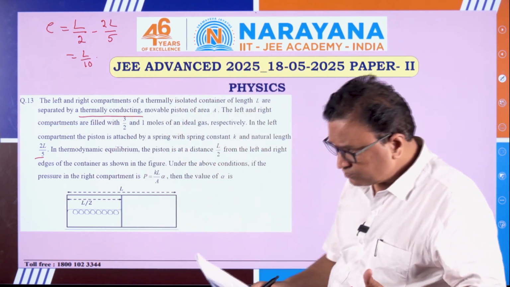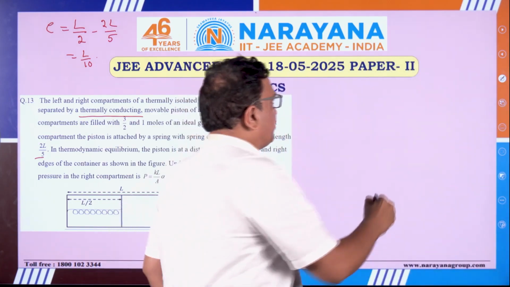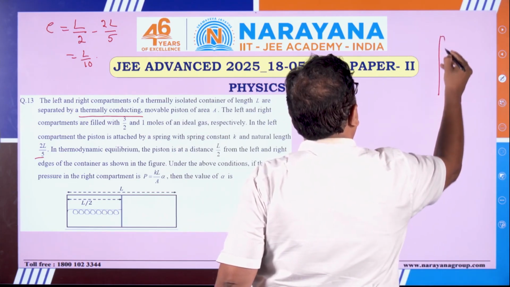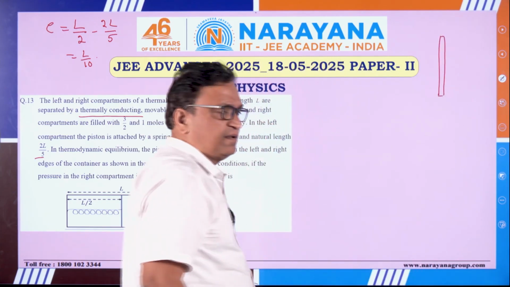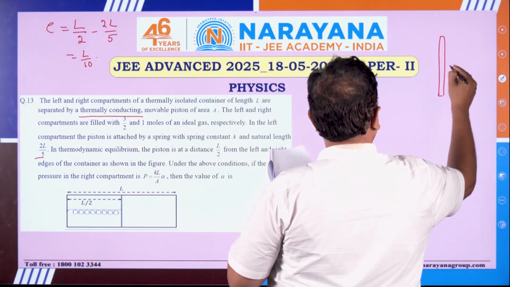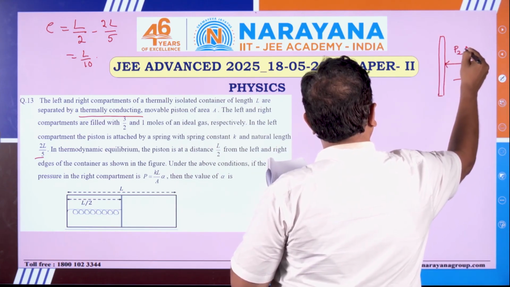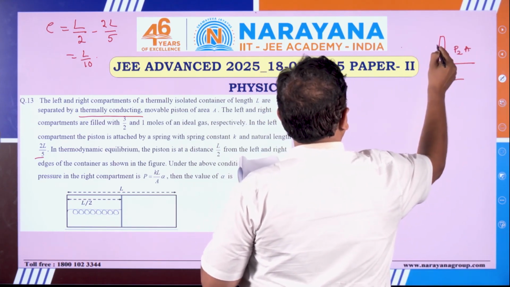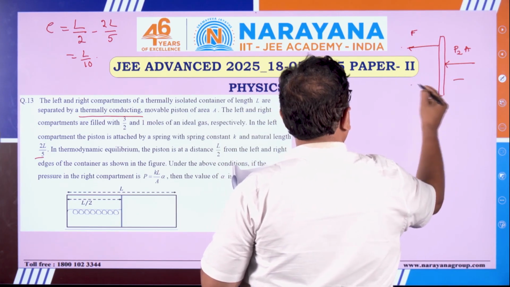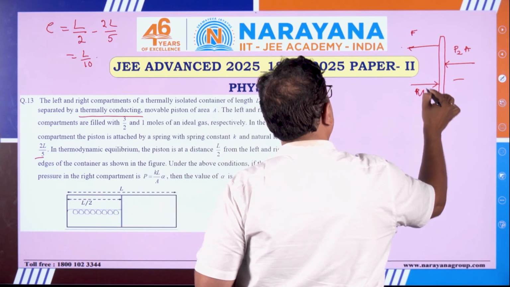Now, if I take the free body diagram of the piston, from the right side you have the force P2A. The spring also pulls with force F, and the left side gas will exert a force P1A.